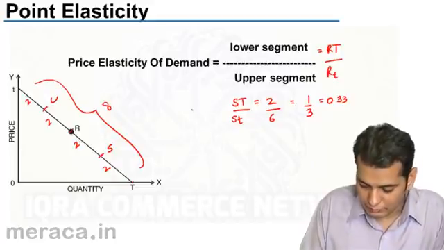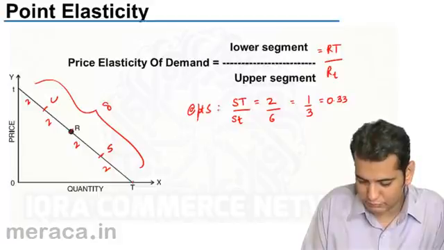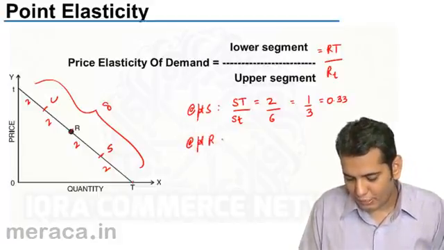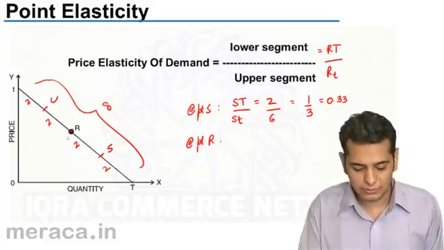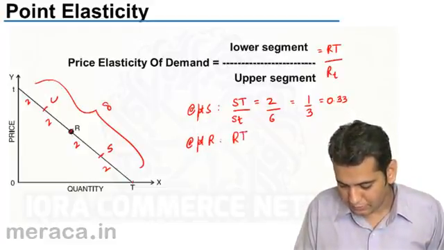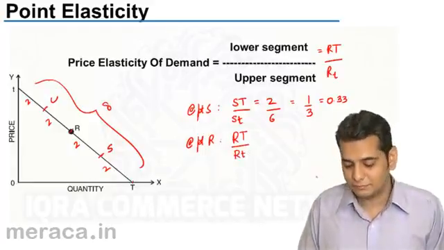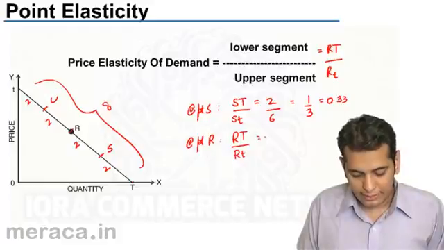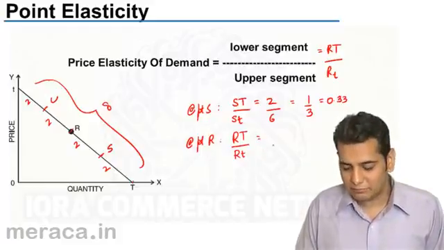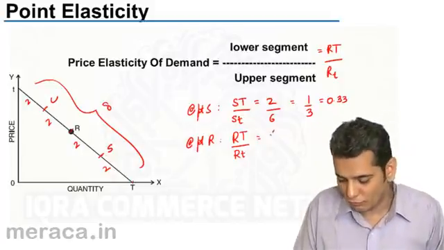Likewise, we can find the elasticity of demand at point R. At point R, we find the elasticity. Here the lower segment is R with capital T and the upper segment is R with a smaller t. The length of lower segment is 2 plus 2, that is 4.